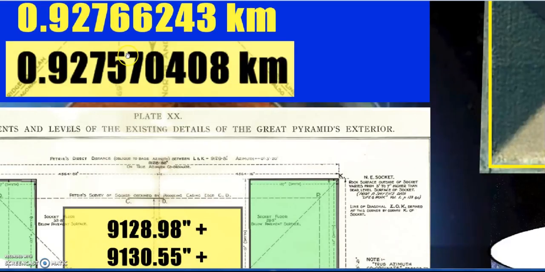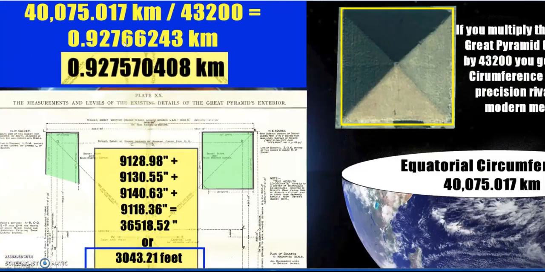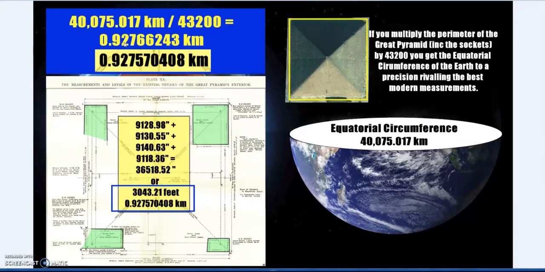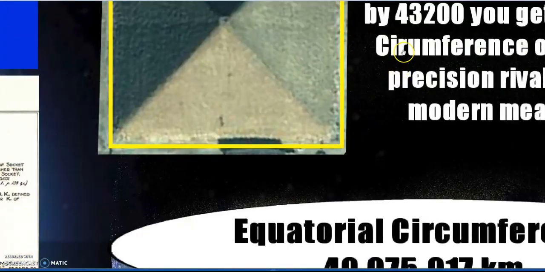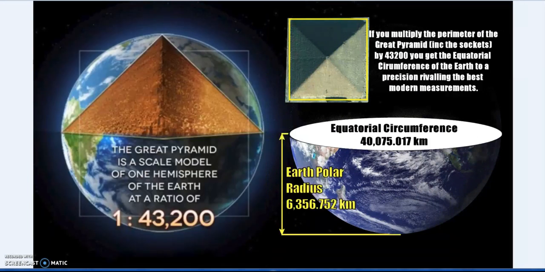So very, very close, just under a meter. Very, very close to what we would hope. So this is a level of precision unrivaled. Sorry, that circumference, typo there, but you get the point. All right, so very, very accurate.